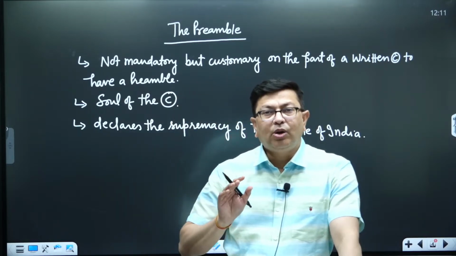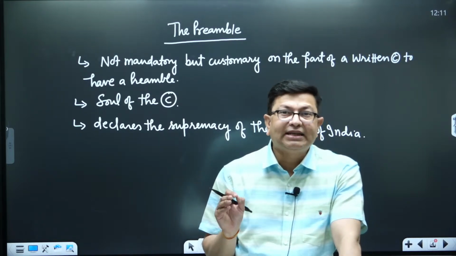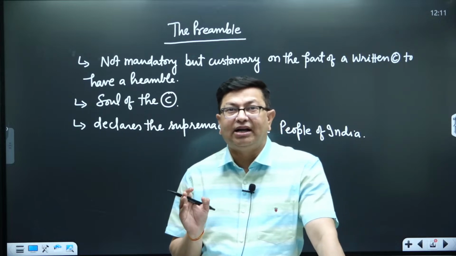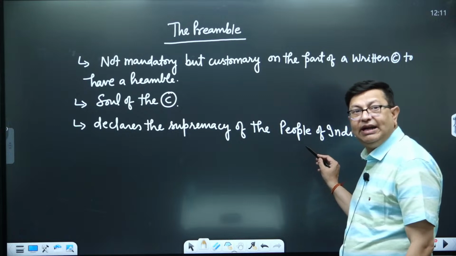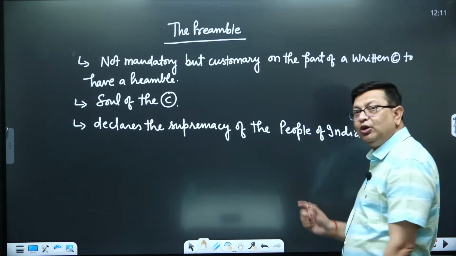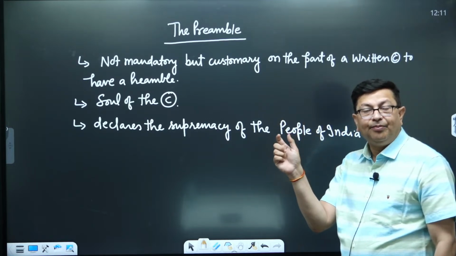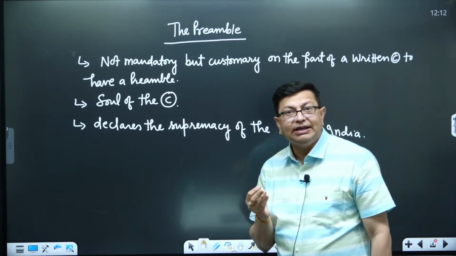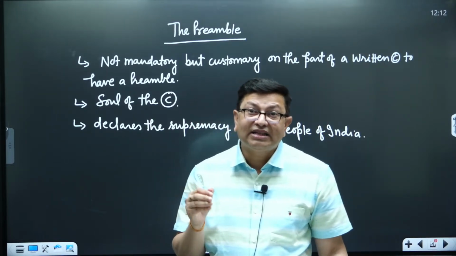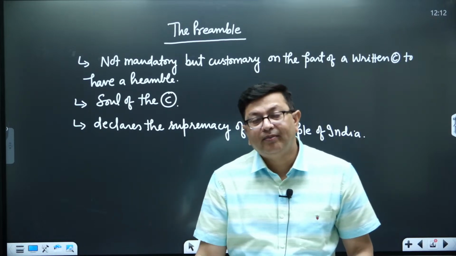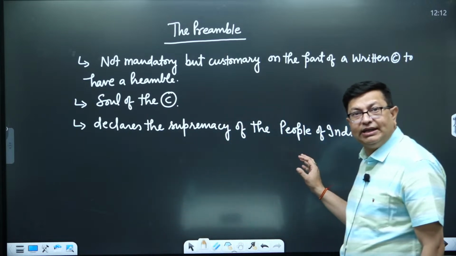So, no doubt in the main examination, they may ask you the significance of the preamble, but in the prelims examination, your understanding about the preamble can be asked. So, here the understanding is it declares the supremacy of the people of India. As it says, "we the people of India," it means that this constitution is not an imposition upon us by an alien power, but it has been enacted by the people of India through their representatives in the Constituent Assembly. That is the logic here.